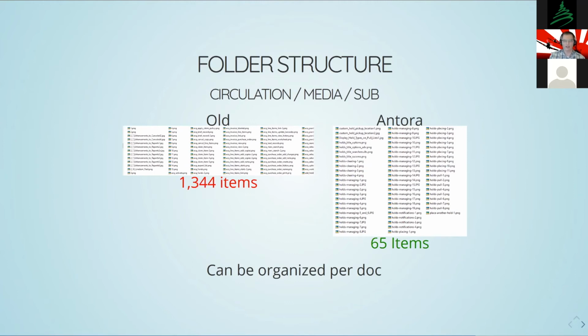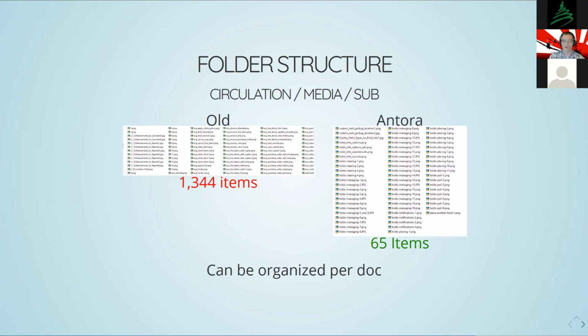Also, I have down here, can be organized per doc. What that means is you can make a subfolder in the assets images folder for each documentation file for even more organization. It's worth noting that we could have been doing that the whole time in the previous method.